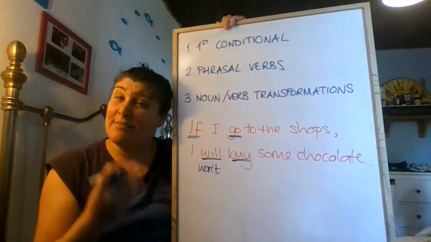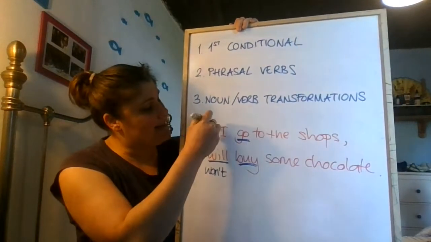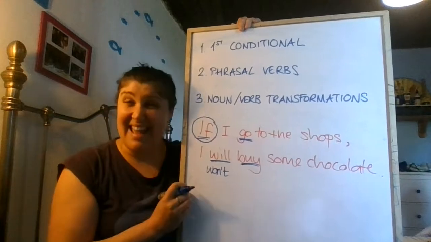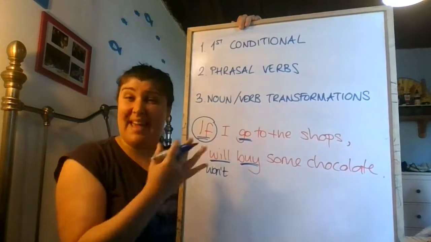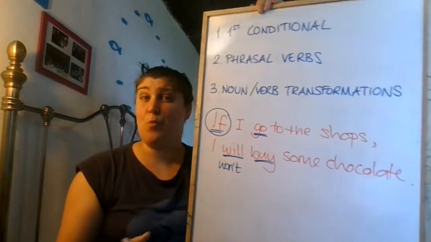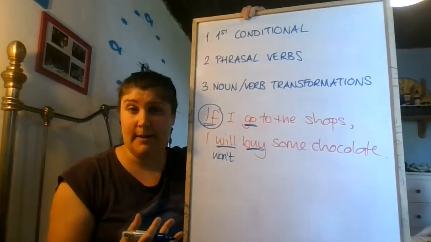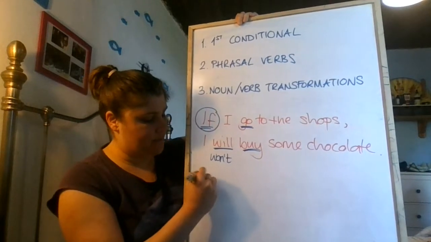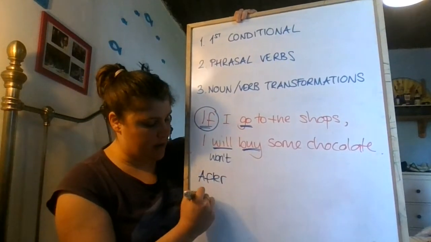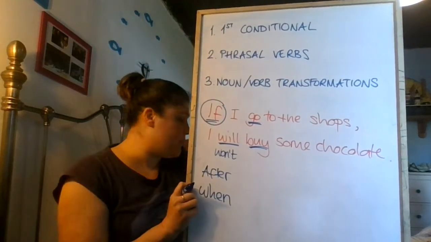Now remember, we can also use other words instead of if. Remember, if means it's possible. What other words can we use? Can you remember the ones that we looked at from the book? Good. Things like after and when. Remember these different time phrases.